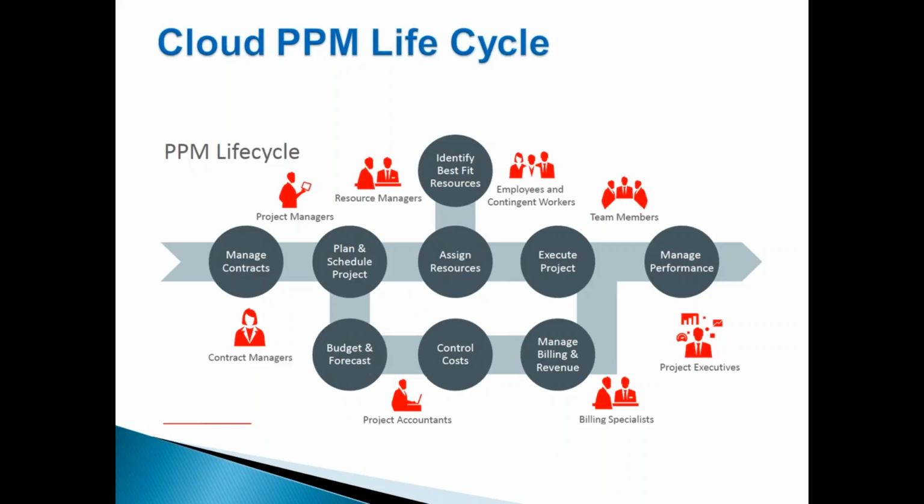On the top right-hand corner you would see the team members who are working, collaborating and making the entire project successful. So this is a simple PPM life cycle and project management flow, and we will be covering most of it, and then we'll see which roles take care of which process part.